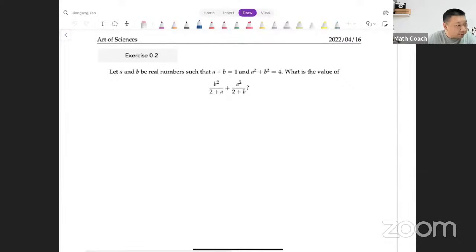Okay, so problem 2 is showing up. This is an algebra question, and that needs a little bit of calculation.